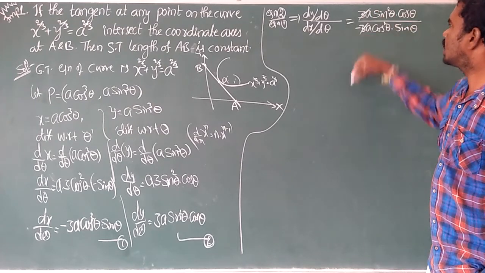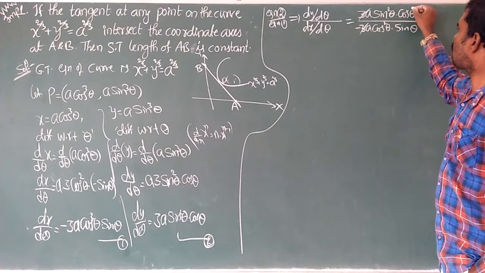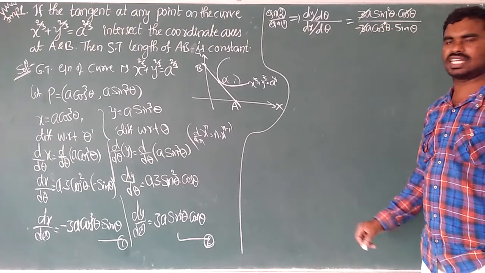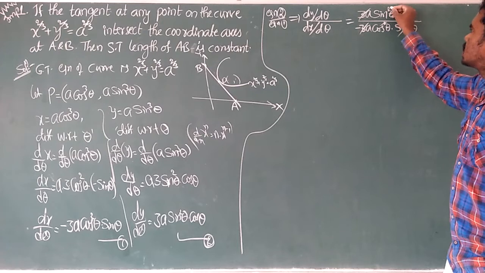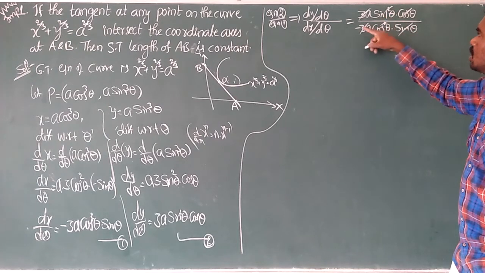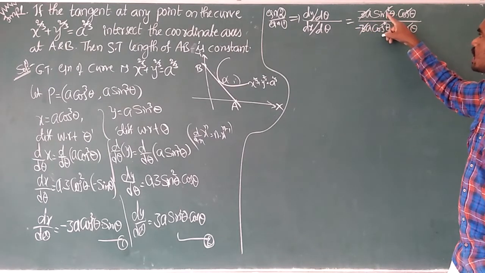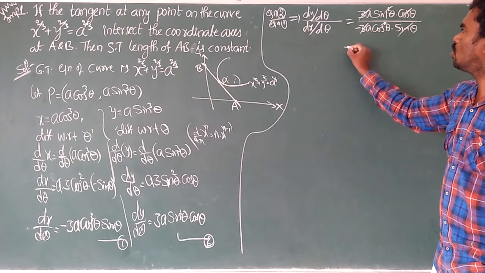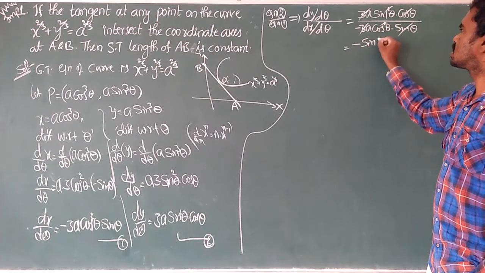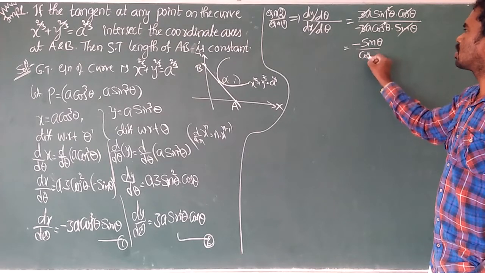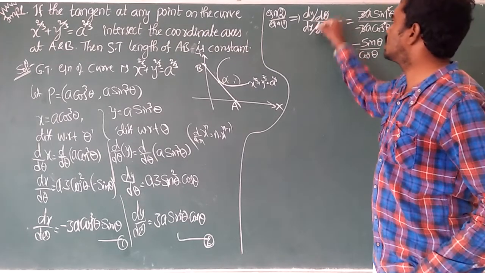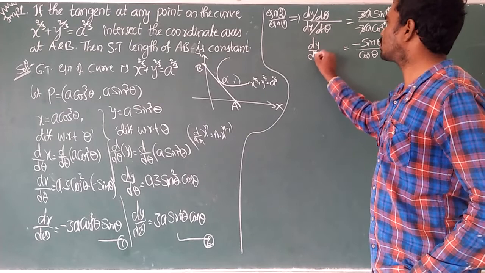See, 3a gets cancelled. See, cos square, cos cancels, and in the sin square only one sin cancels. What is the remaining? Minus is remaining. Here one sin, here one cos is remaining. So minus sin theta by cos theta is remaining. Okay, that's it. d theta cancels, dy by dx.